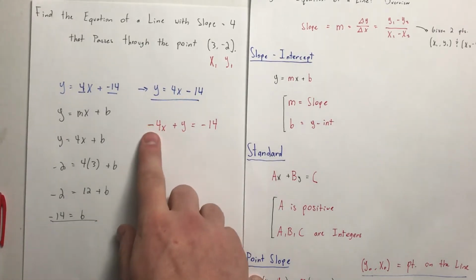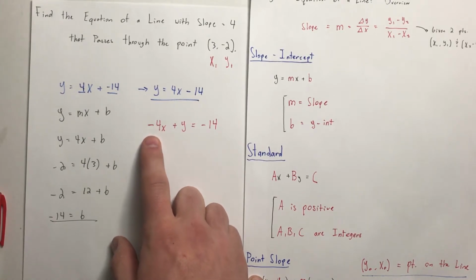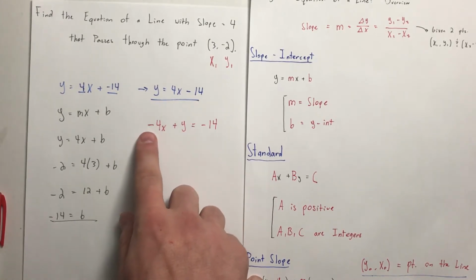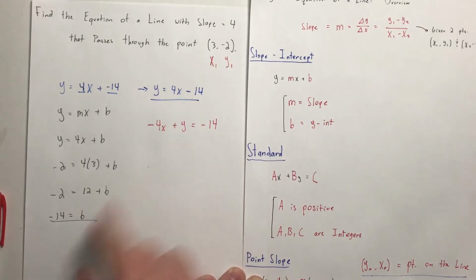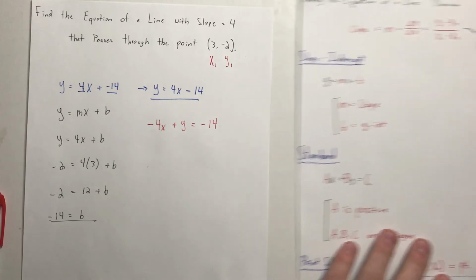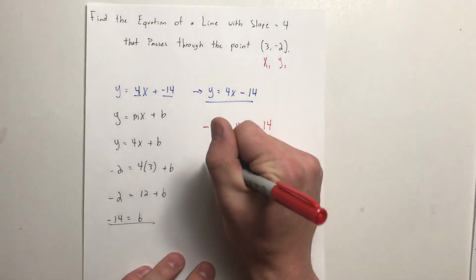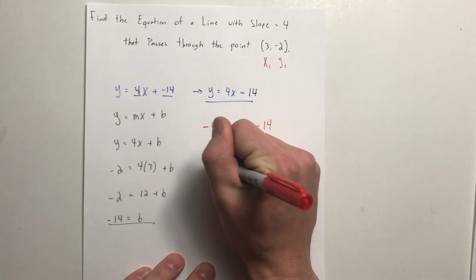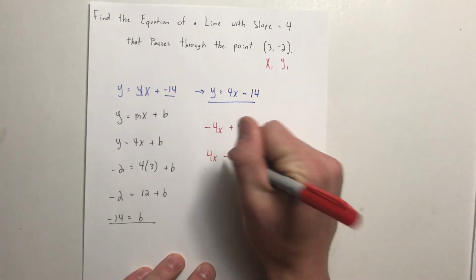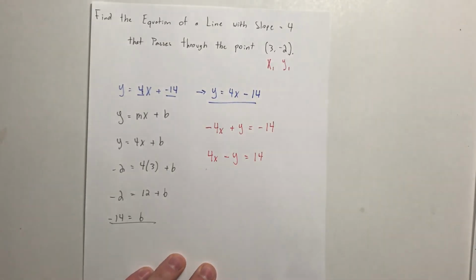So in order to get rid of this negative in front of the a term, what we can actually do is multiply both sides of this equation by a negative 1. So if we multiply this negative 4x plus y by a negative 1 and this negative 14 by a negative 1, what we're going to end up with is a positive 4x minus y equals 14.